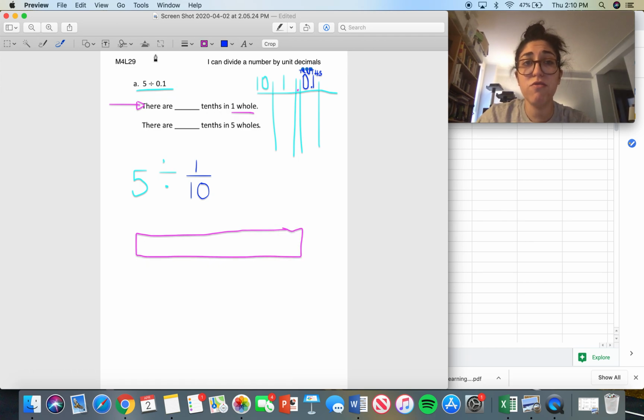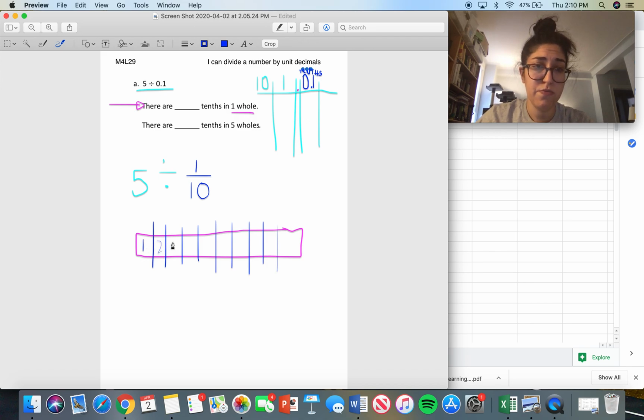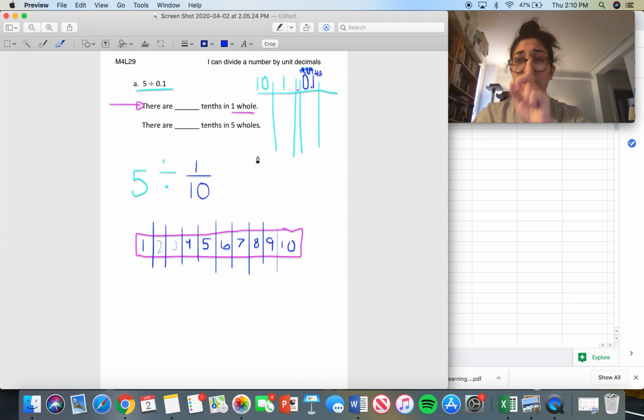Here's my whole, and if I were to break it into tenths, I would have to break it into 10 pieces. 1, 2, 3, 4, 5, 6, 7, 8, 9, and here's 10. So how many tenths are in 1 whole? 10.